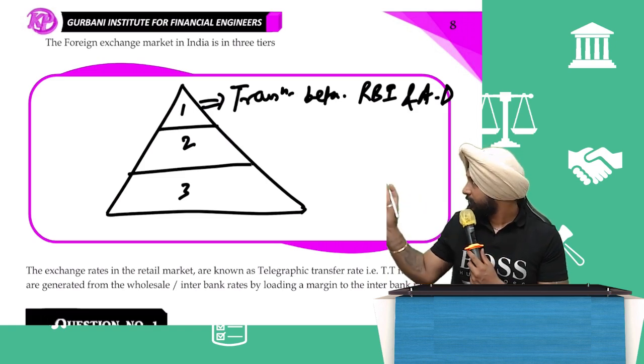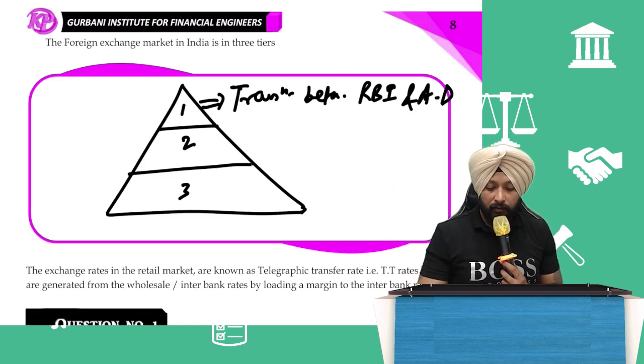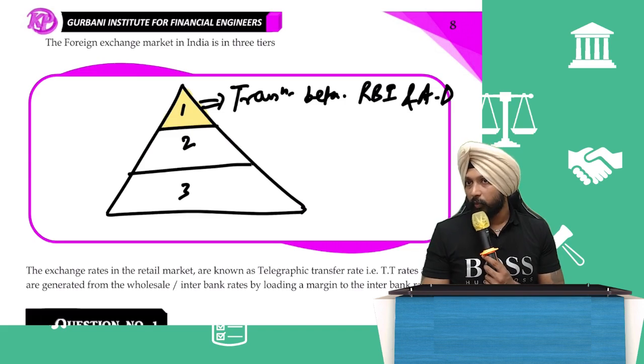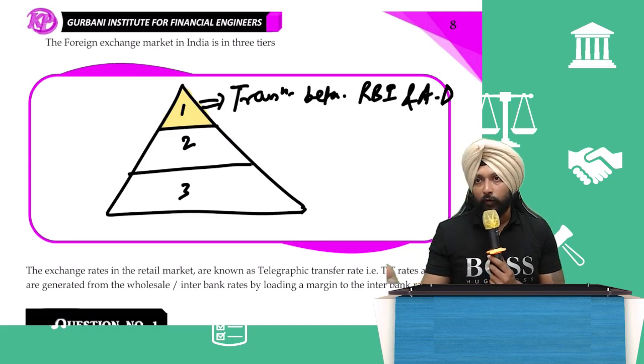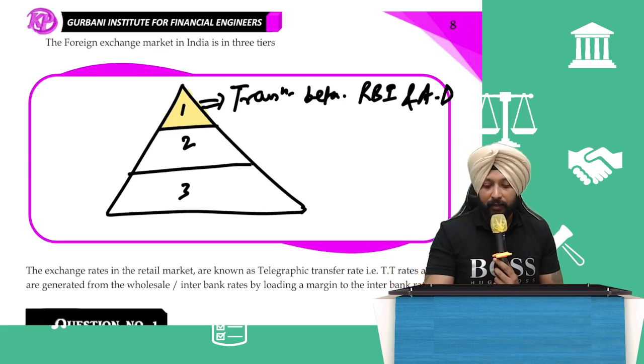Small market. You see, the space in this market is very small because there are very limited transactions happening over here. This is not a big market. Whenever you need currency, take it from the RBI. And then the currency floats in the market. Somebody is buying, somebody is selling, right?